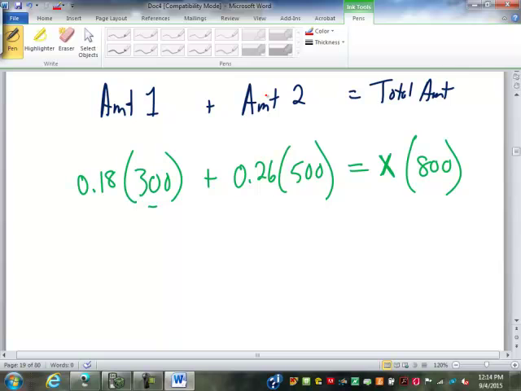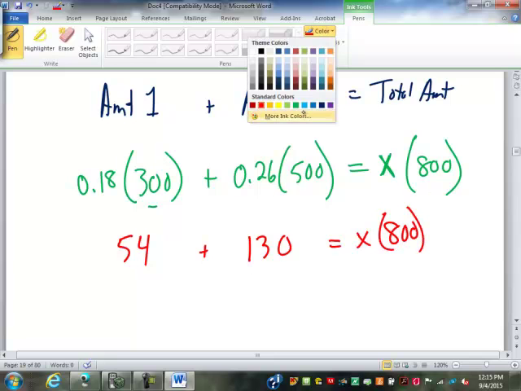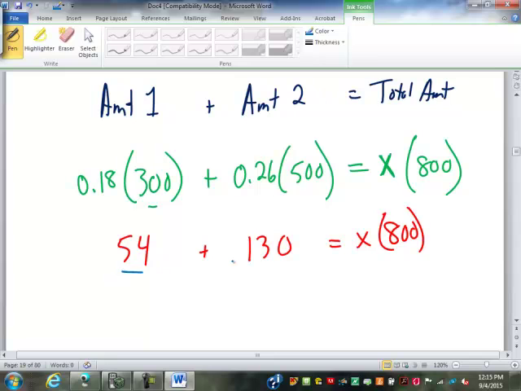So we do 0.18 times 300 is 54, correct? Plus 0.26 times 500 is 130. Equals x times 800. I'm going to combine 54 and 130 is 184.